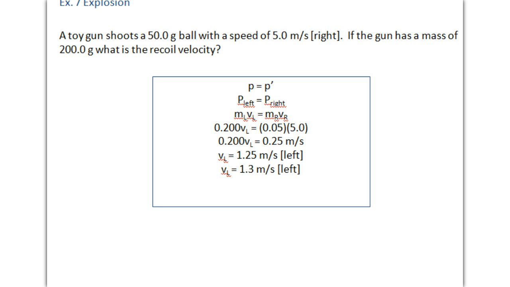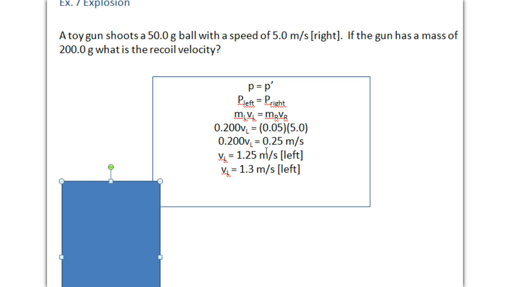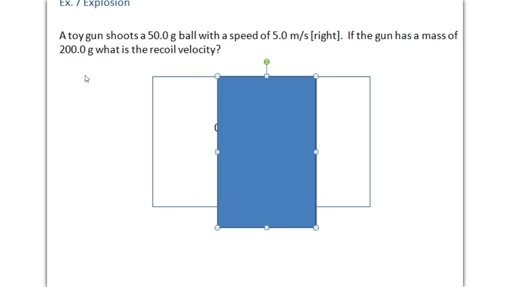Alright, next example. A toy gun shoots a 50-gram ball with a speed of 5 meters per second to the right. If the gun has a mass of 200 grams, what's the recoil velocity? So you could think of a Nerf gun, and it shoots a foam ball or a dart to the right, and it weighs 50 grams.